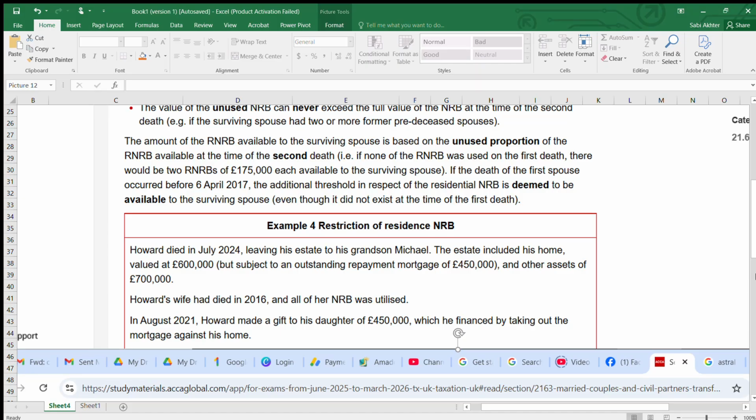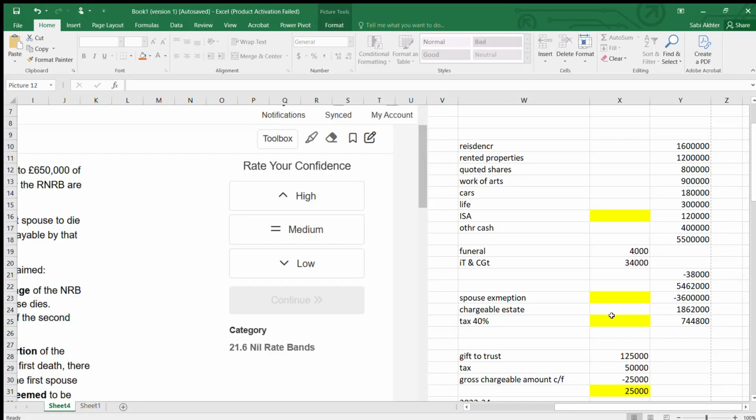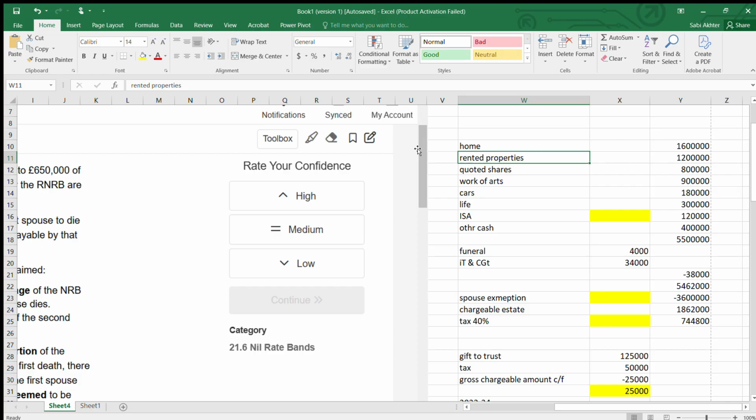So now let us do example 4. The death estate, home, which was 600,000.